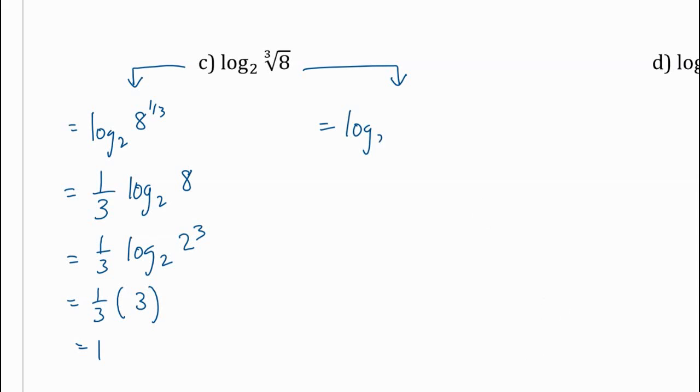Log, again, I have to start by rewriting as an exponent. 2, getting ahead of myself here, cubed to the 1/3. So I'm leaving the exponent out at this time.